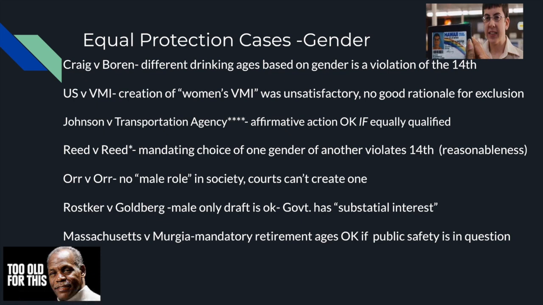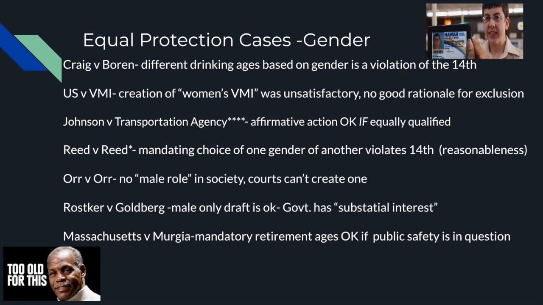Murgia is a police officer. And he is 50, which is the mandatory retirement age for law enforcement officers in Massachusetts. He does not want to retire. He says that he is not, in fact, too old for this, and he should be able to continue to do the job. And the state says, you know what? You might be able to, but for the most part, 50-year-old police officers are not as quick on the draw.